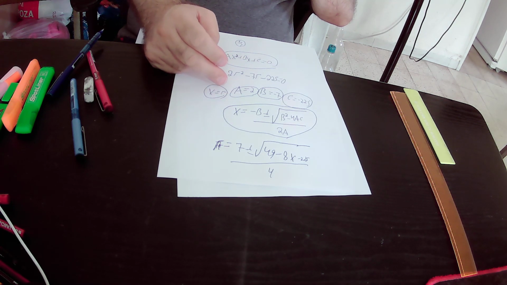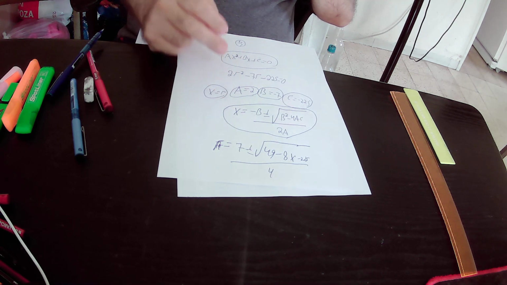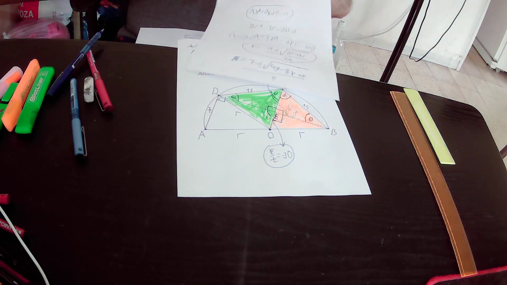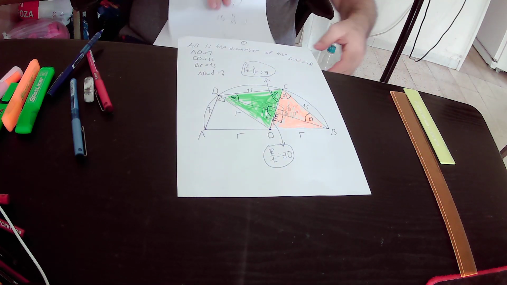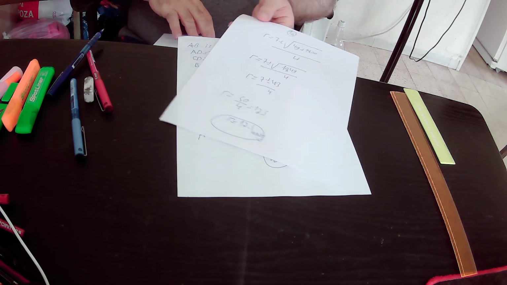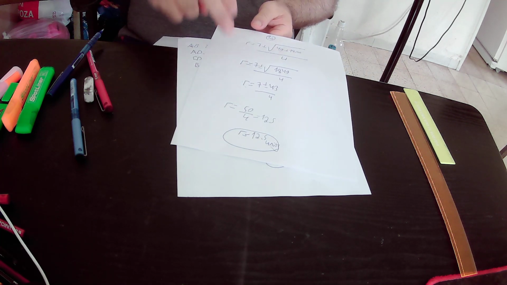In this formula we know all the variables, so we put the data inside it, and we found out that the radius of the semicircle is 12.5 units.